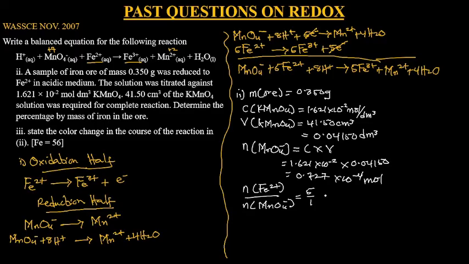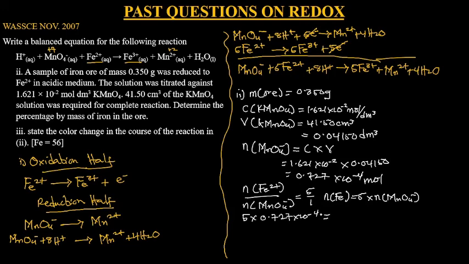What that means is that the mole of iron or Fe2+ is going to be 5 times the mole of MnO4 minus. So 5 times this value, 0.727 times 10 exponent minus 4, will give us what value?